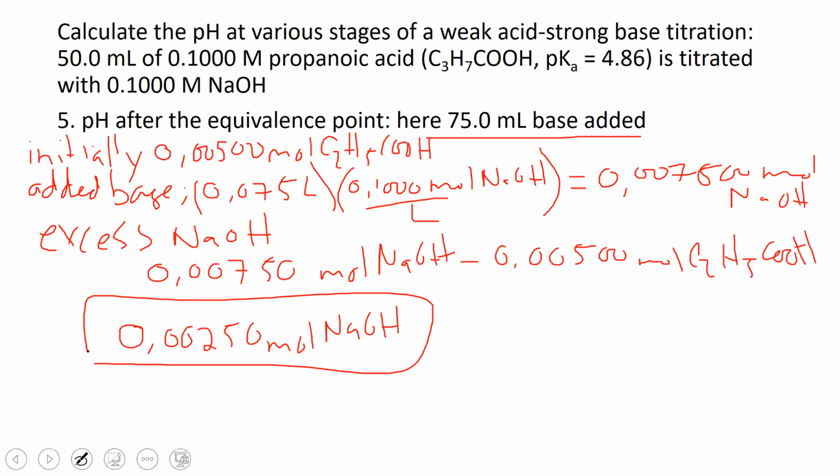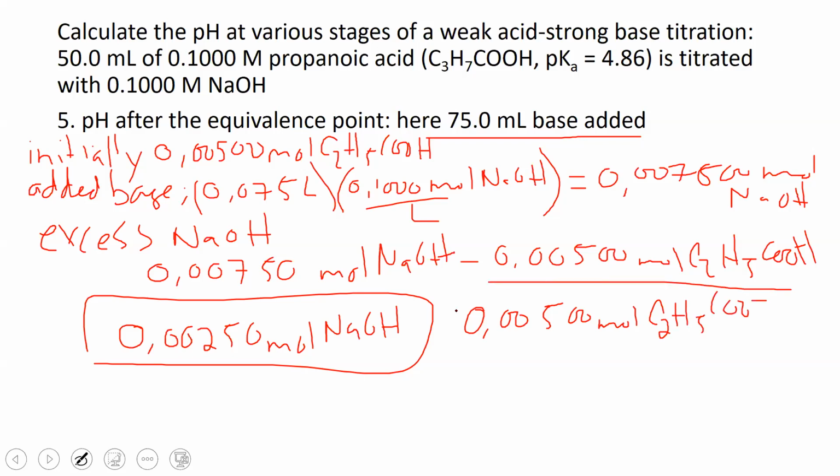But you've also turned all of that weak acid into its conjugate base. And so you actually wind up with 0.00500 moles of the conjugate base, C2H5COO minus. So you have these two bases in solution.